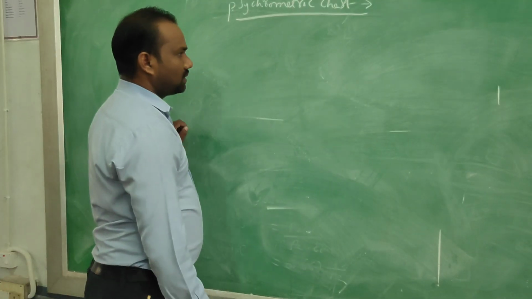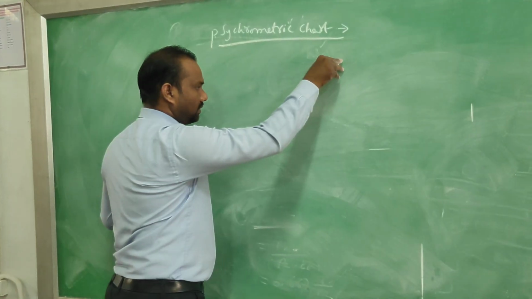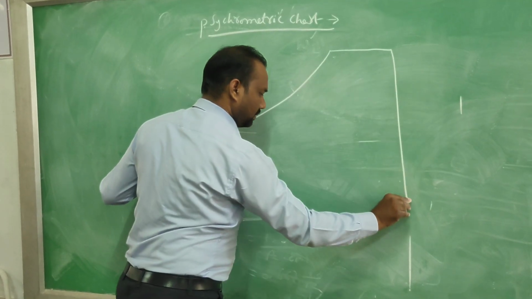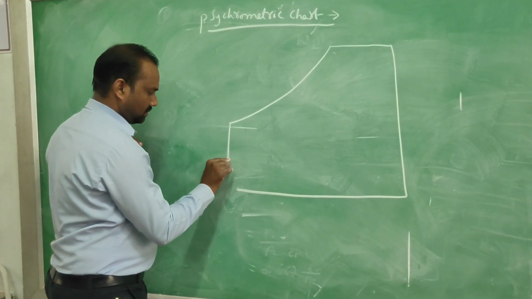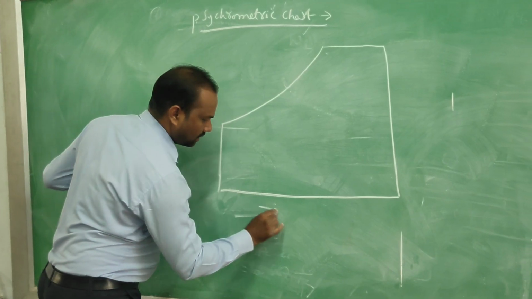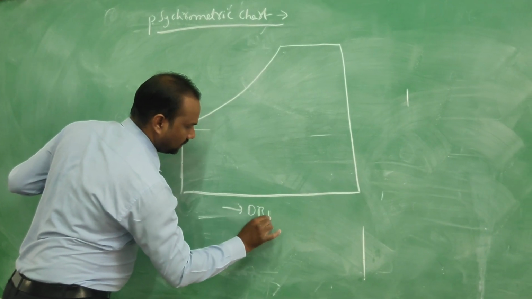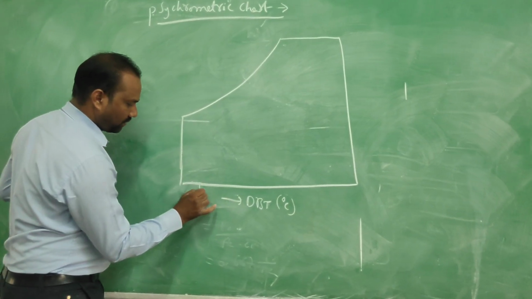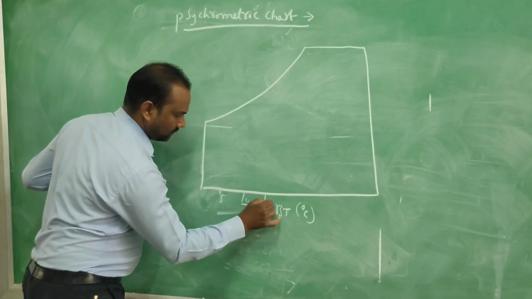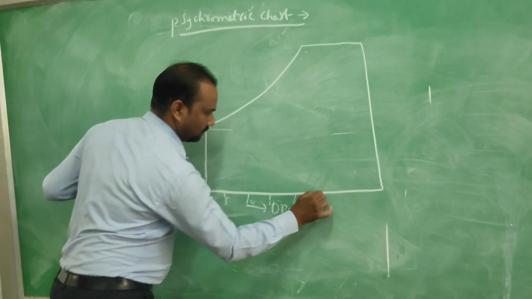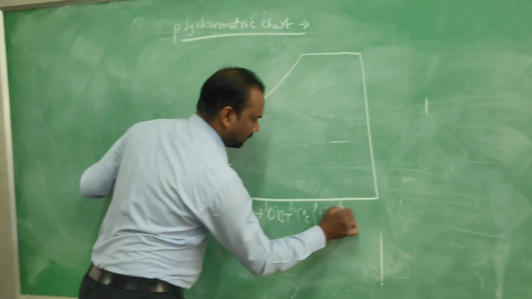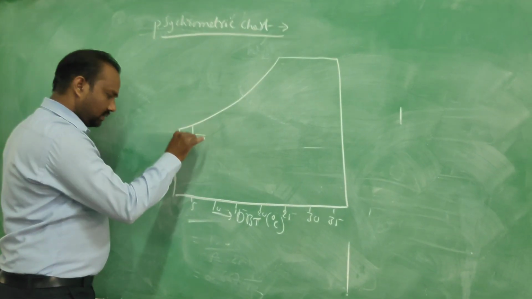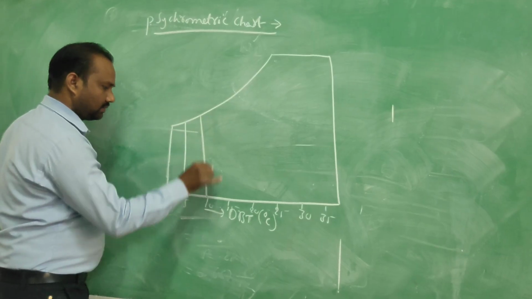So the psychrometric chart is constructed by taking the x-axis as dry bulb temperature, DBT, in degrees centigrade. So let it be 5, 10, 15, 20, 25, 30, 35, and these lines are vertical.